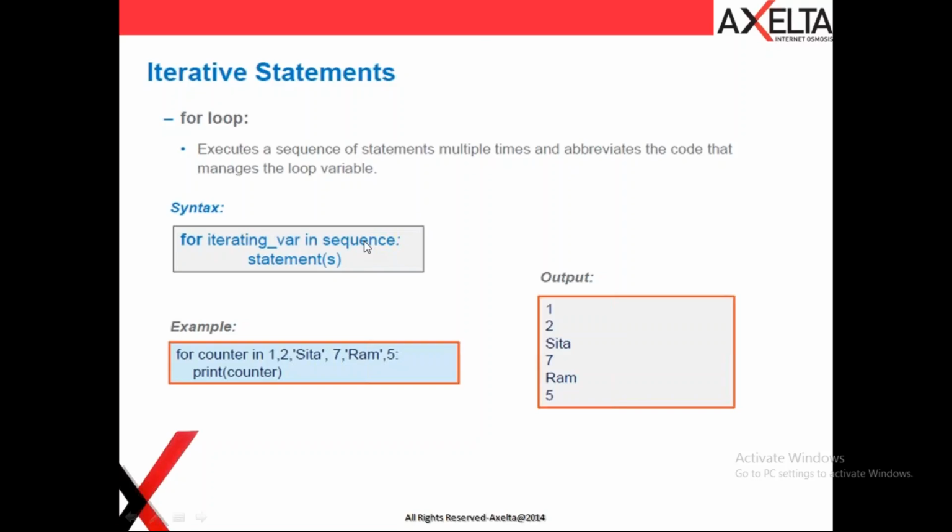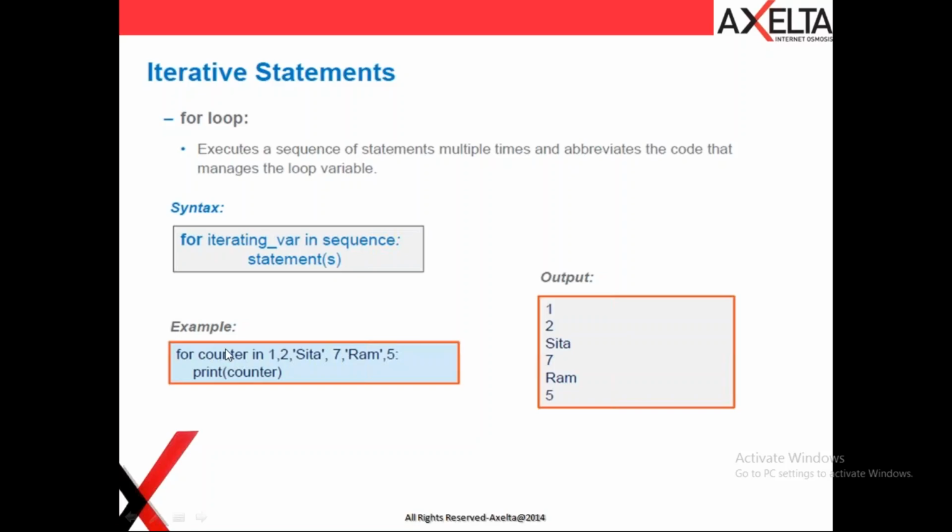Now how will things work for the for loop? The iterative variable is just a variable, and the sequence is some data structure. Let's see an example with counter.